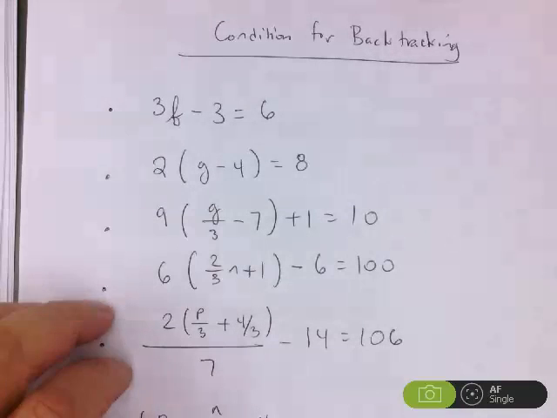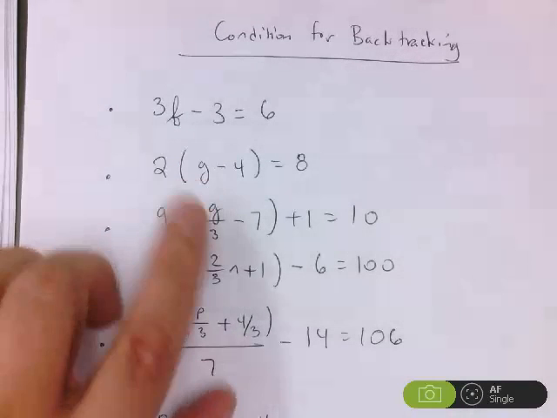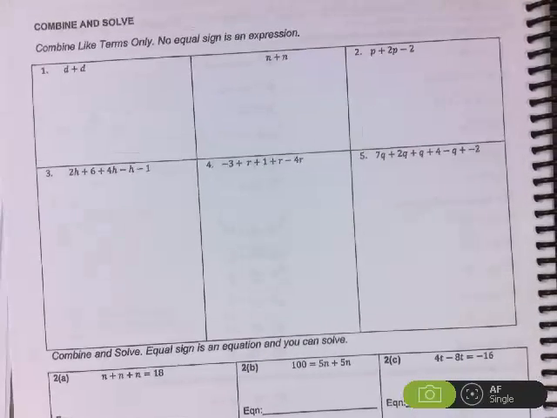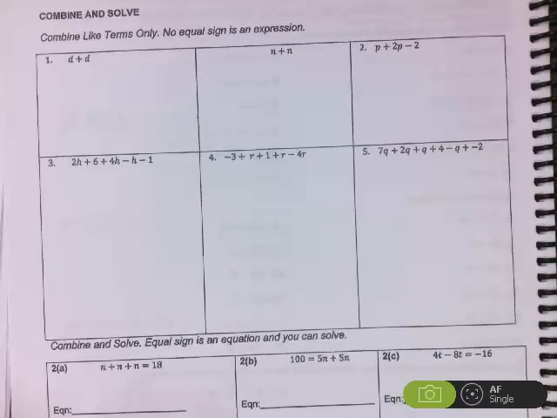Okay, so the condition for forward, backward to work is that I just have a single variable there. That brings us to the topic of this video, which is combining and solving. The truth is I am going to have situations where those variables are cluttered about, and I've got to be able to deal with that.